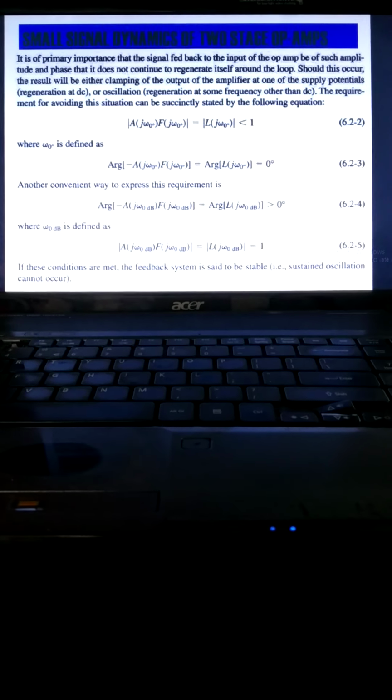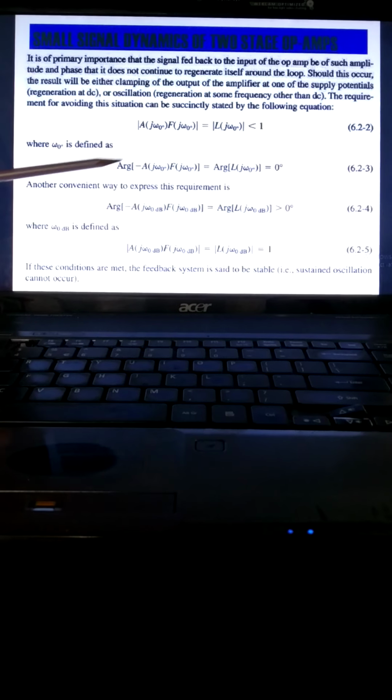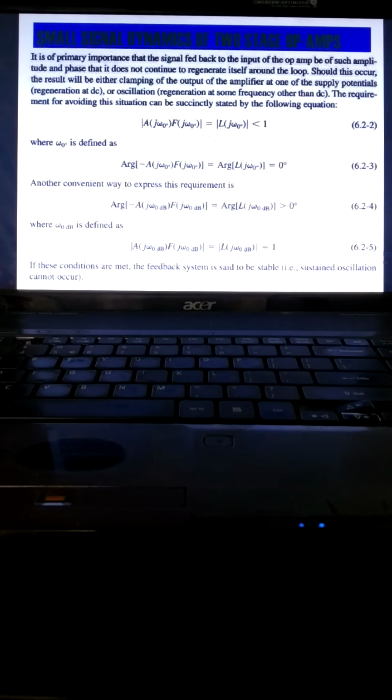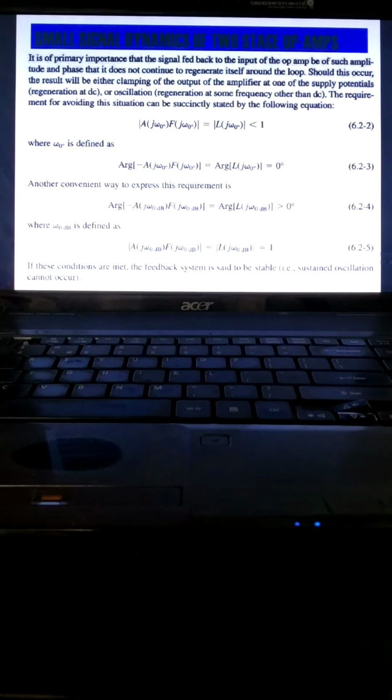Another convenient way: here we considered the phase in degrees. If we convert to decibels, everyone knows how to convert, so this is the equation.